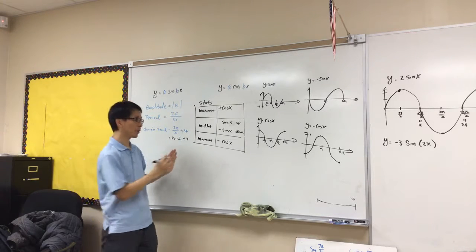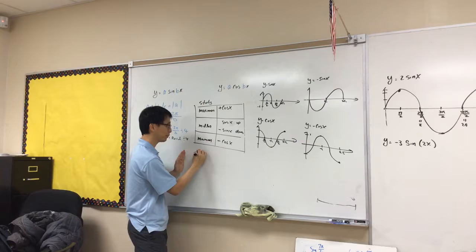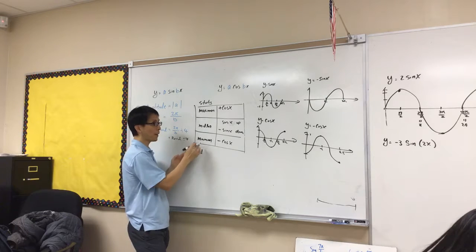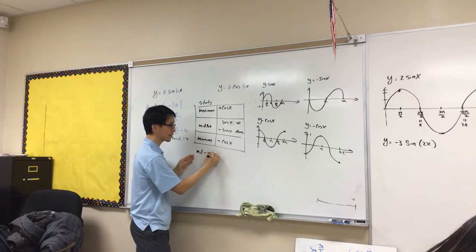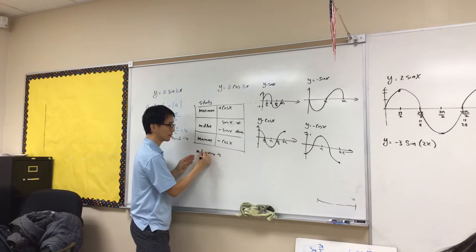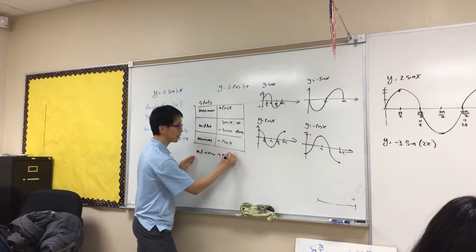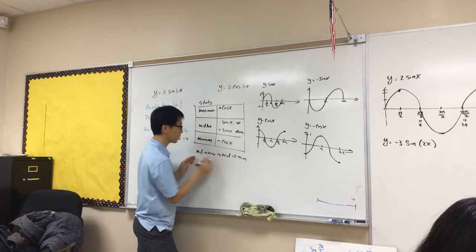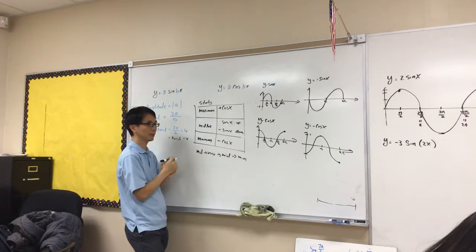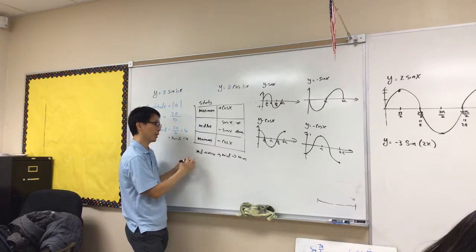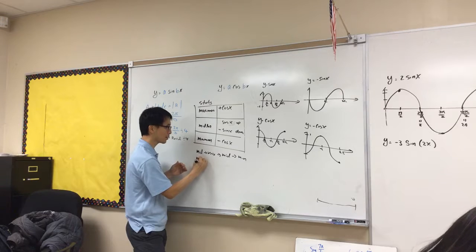So if I start at the middle, positive is going to go max, and then what? Middle, then min. So that's if we start at the middle. Or if I start at a max, what happens?